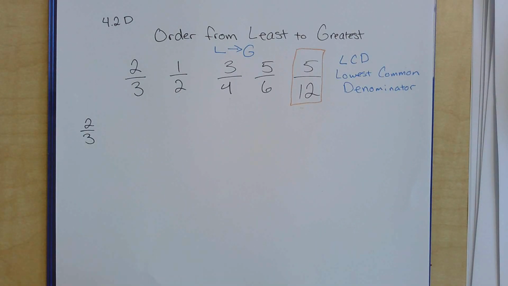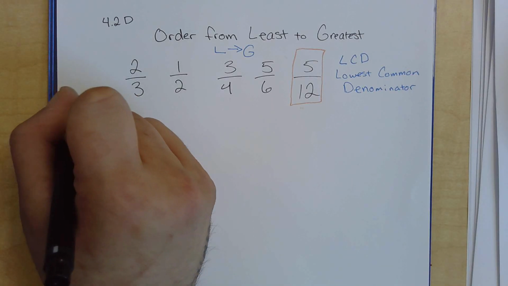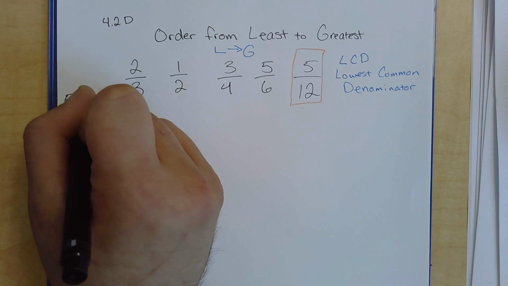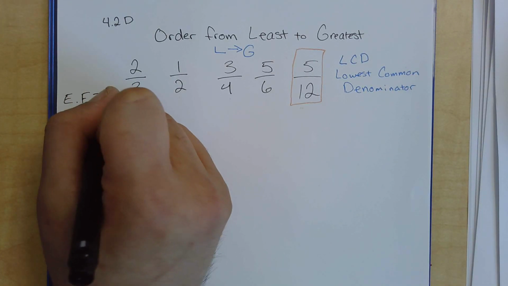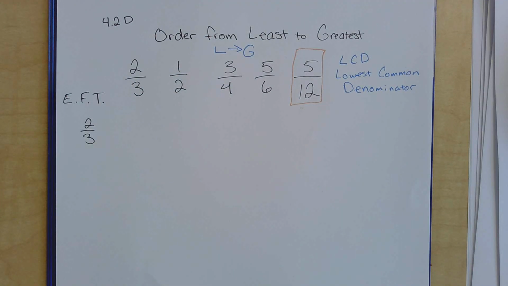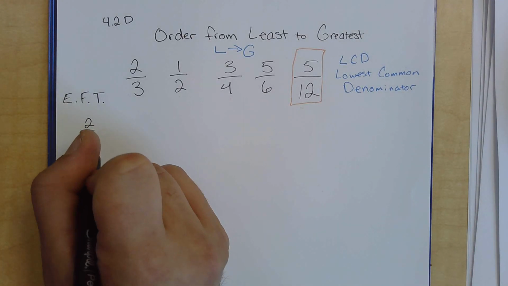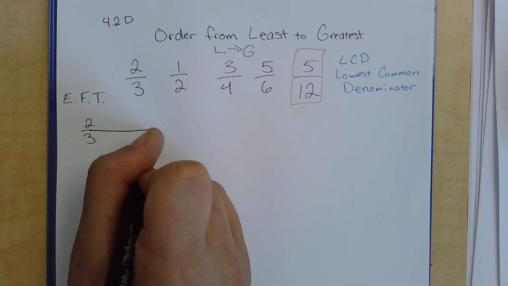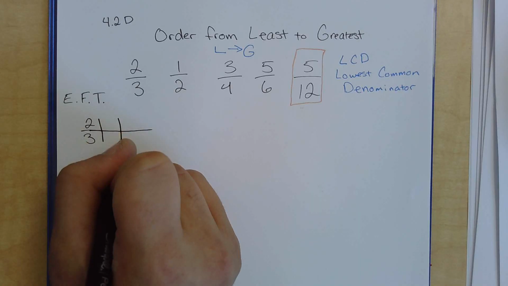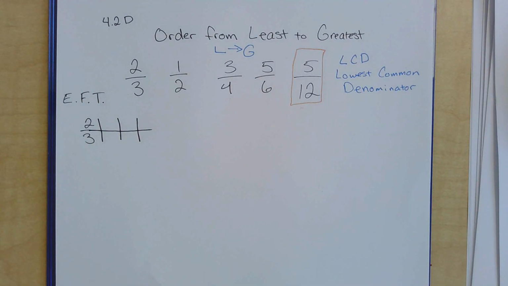This is what's called an EFT table, because the T stands for table. And this is equivalent fractions. I'm going to extend my fraction bar just by a little bit.